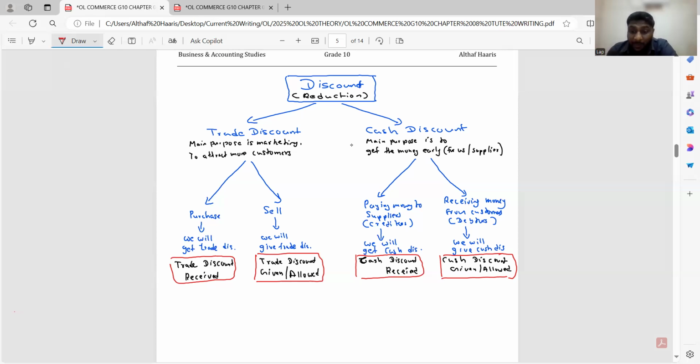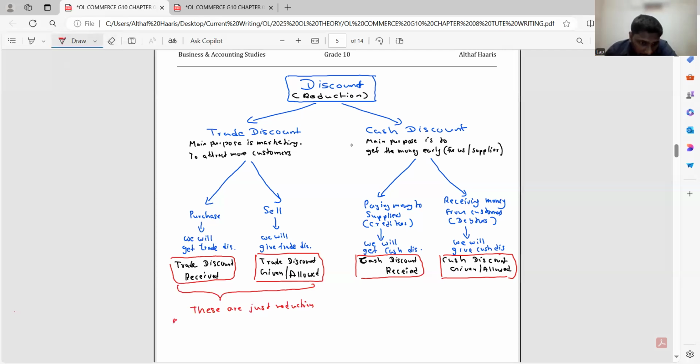Very important thing, people, remember, these are just reductions, mainly for marketing purposes.